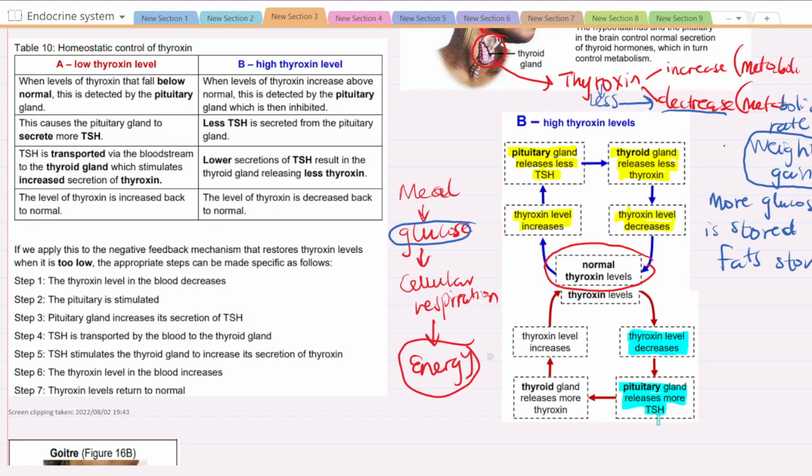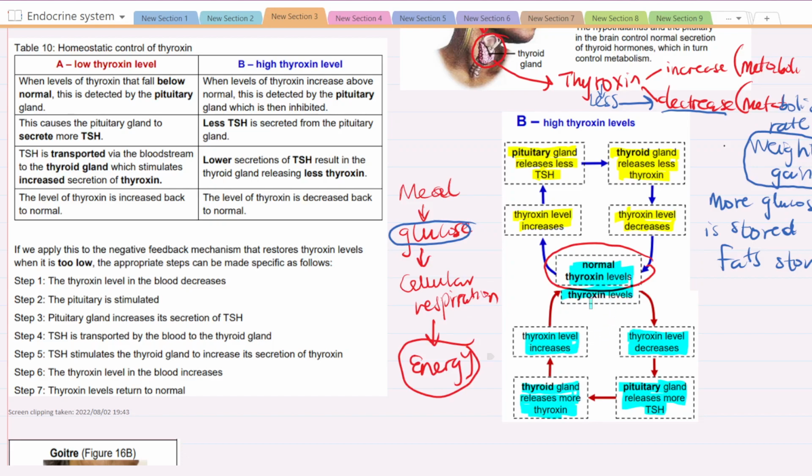To release more TSH, right? It will release more TSH. Therefore more TSH will stimulate the thyroid gland to release more thyroxine, and the thyroxine levels will increase back to normal.